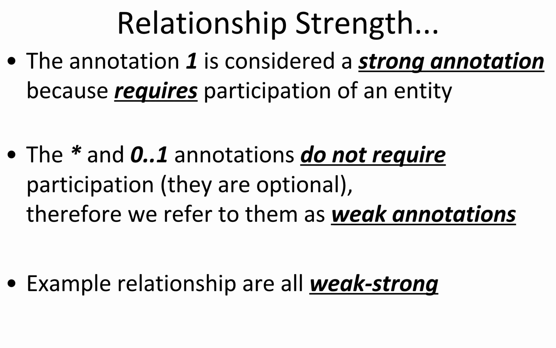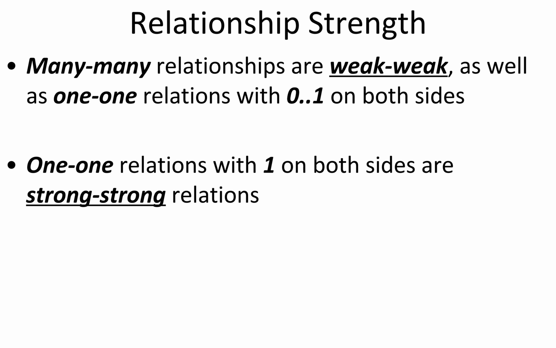Right. So strong and weak annotations. Star means that there might be 0, or also 0 to 1. It's also optional, meaning that it's not necessarily required. So you might have multiple instances that might be required, not required.